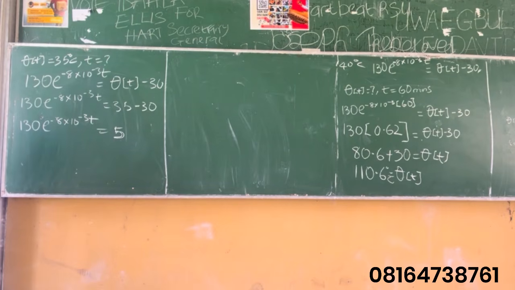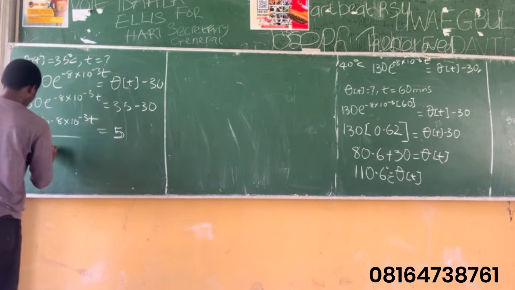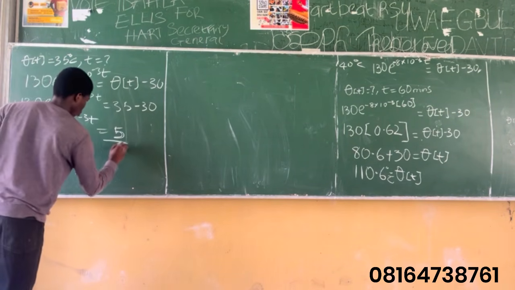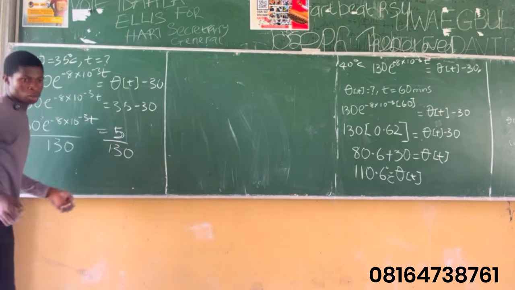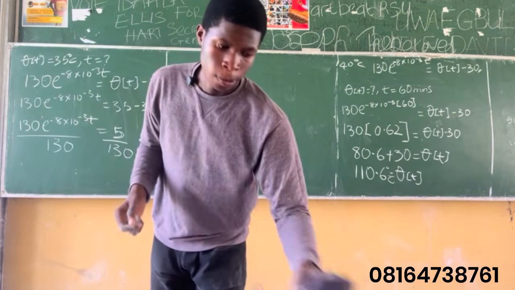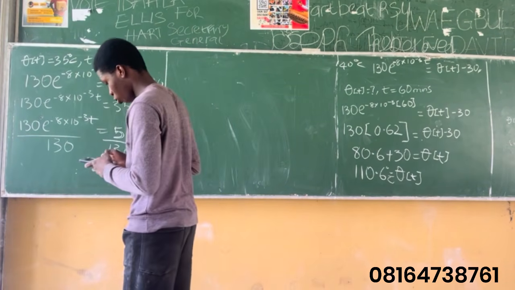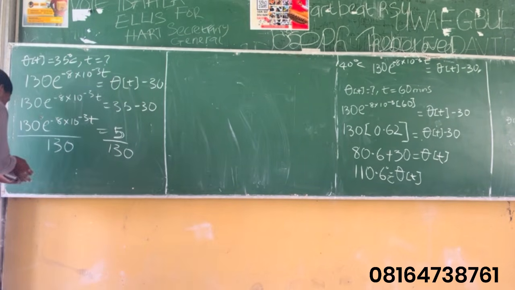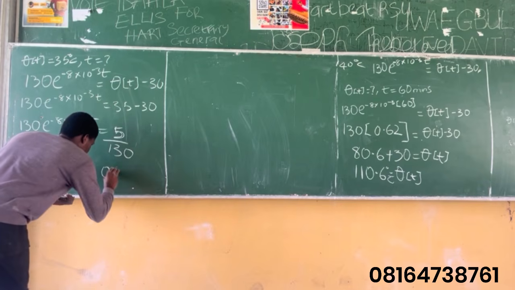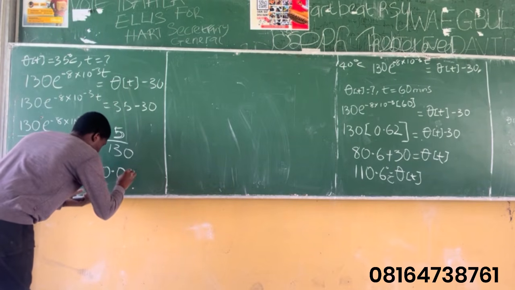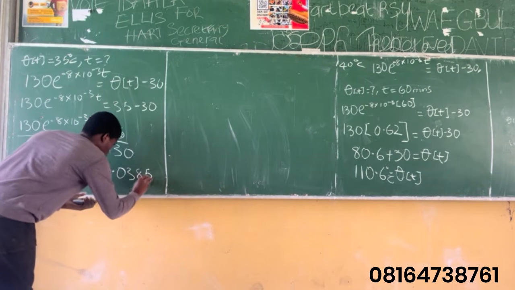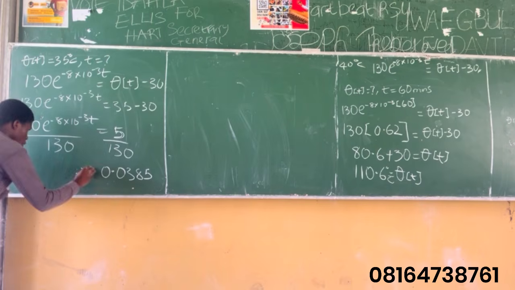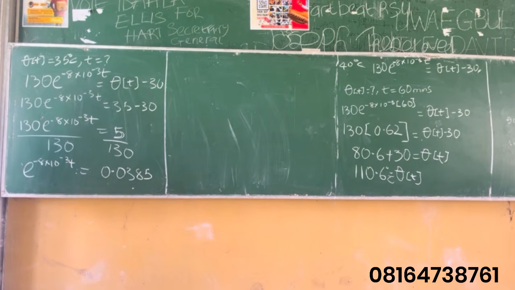So now we are going to be dividing through by 130. 5 divided by 130 is 0.0385. So now we'll be left with e^(-8 times 10^-3 t).